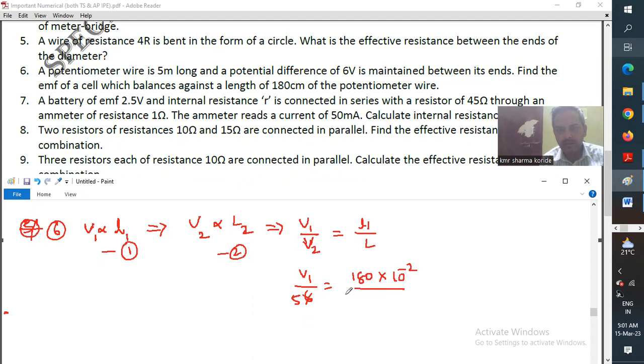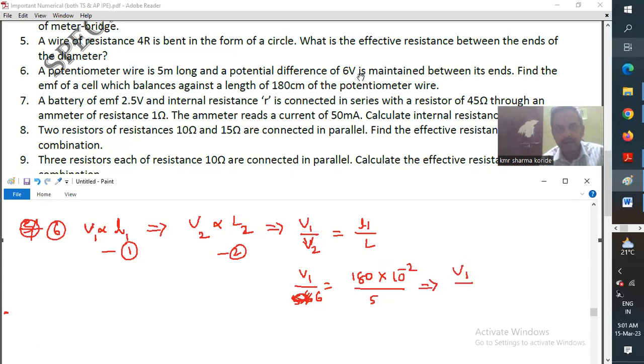And okay, so this is not 6 volts. So we are looking for the total length, which is 5 meters. Therefore, you can cancel.